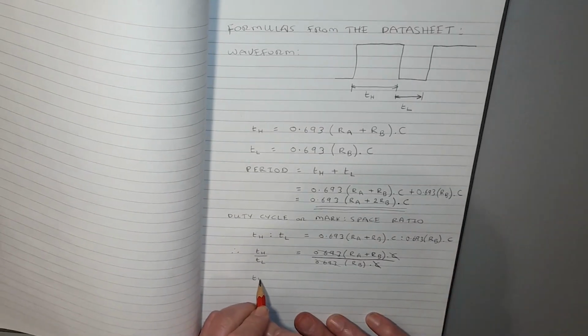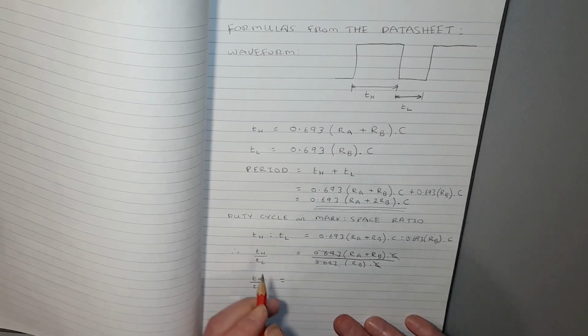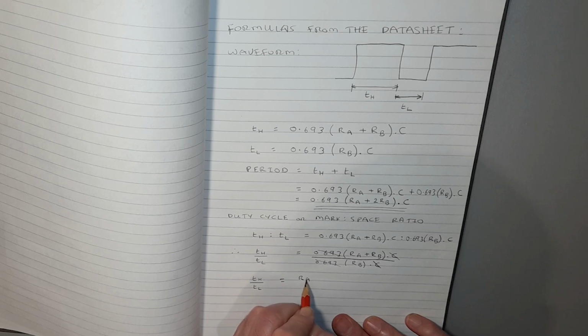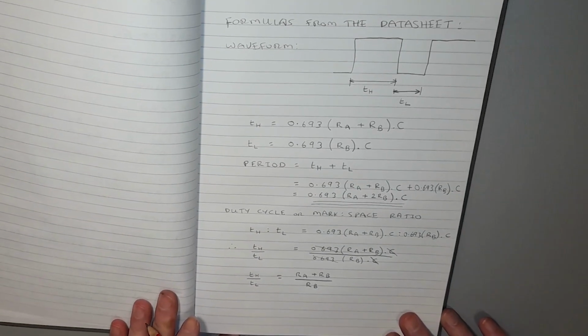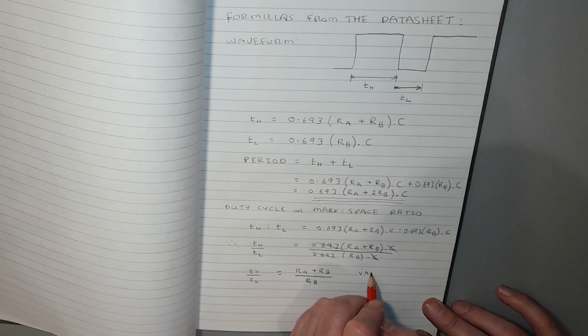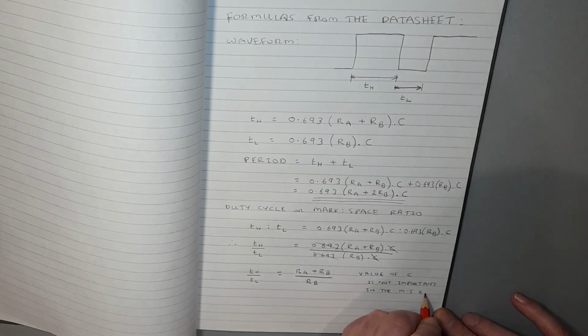And that leaves you with the ratio, the mark to space ratio of TH over TL being equal to RA plus RB all over RB. And that means that the value of C is not important in respect of the mark to space ratio.